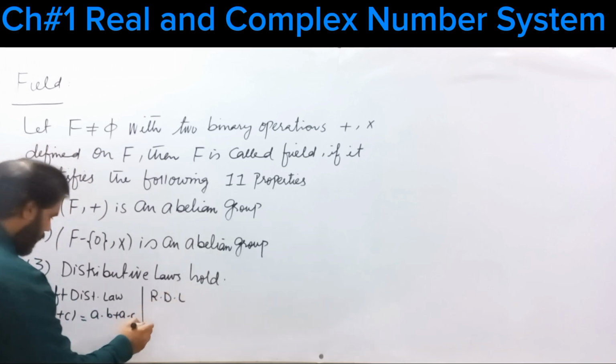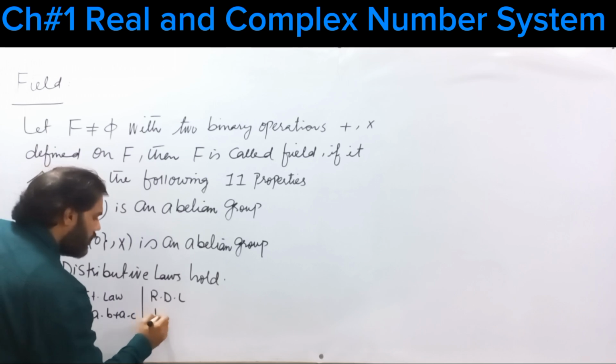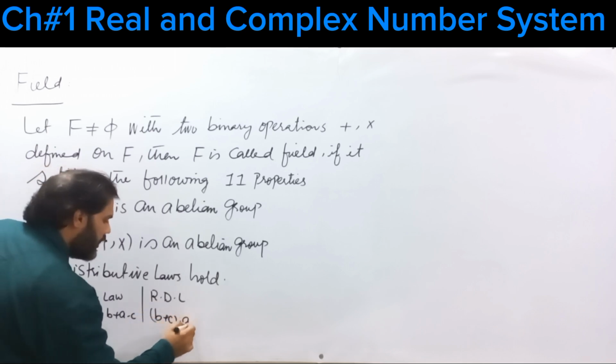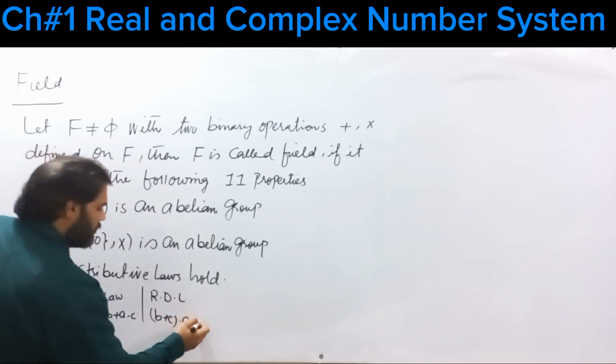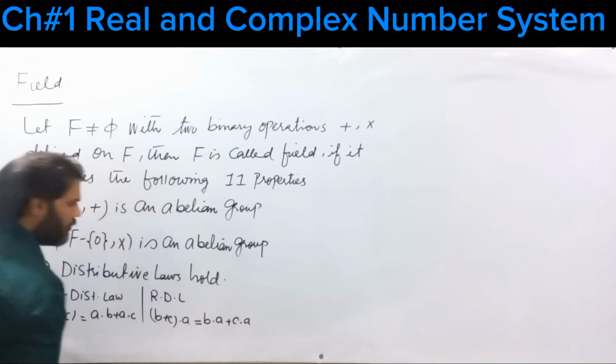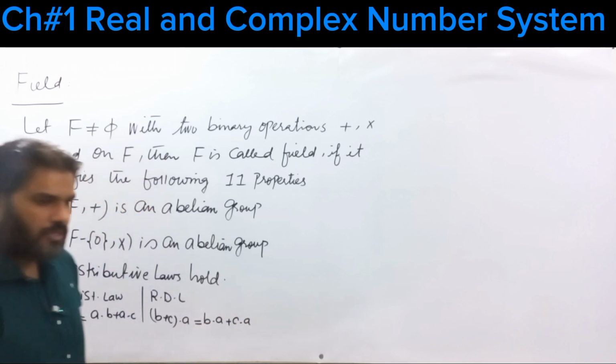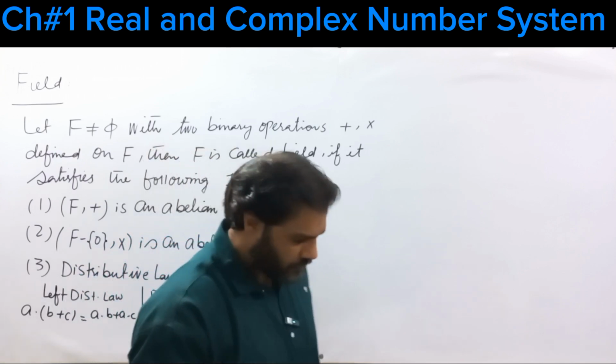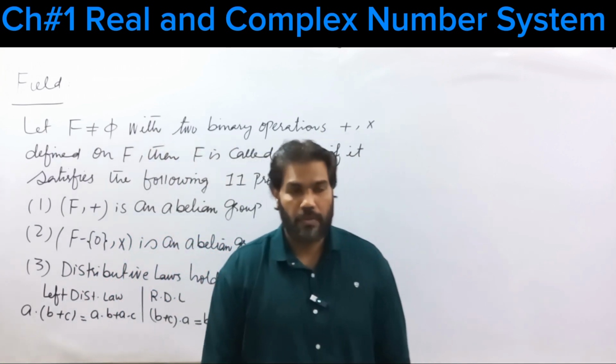For the right distributive law, we multiply A from the right side, that is (B plus C) into A equals B dot A plus C dot A. So a set F that satisfies these 11 properties is called a field.